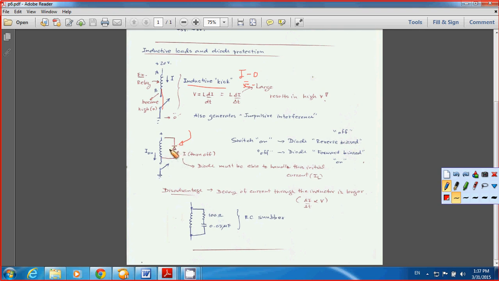But just make sure that I here is not over the specification limit of the diode current, otherwise you have another problem as well. That's why I say the diode must be able to handle this initial current IL when you open the switch.